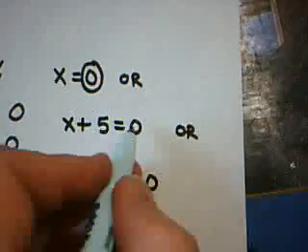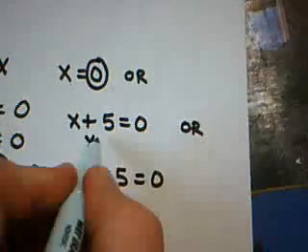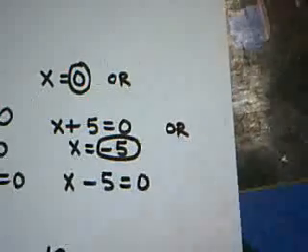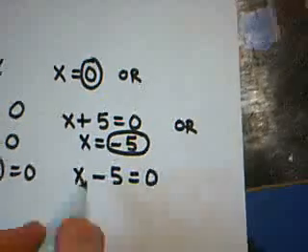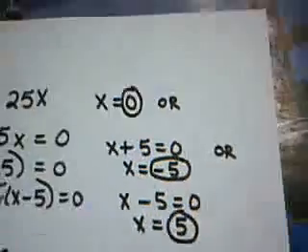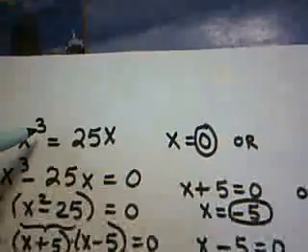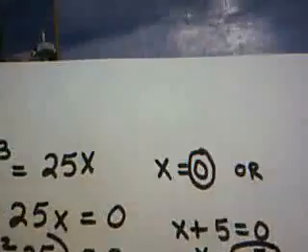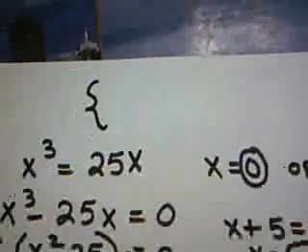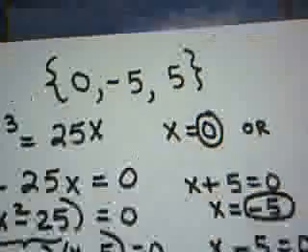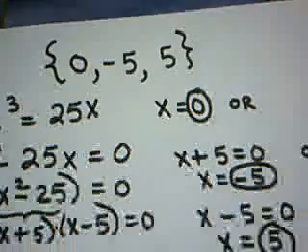If x plus 5 is 0, that means that x is equal to negative 5. There's another answer. If x minus 5 is 0, that means that x is equal to a positive 5. So this equation of degree 3, which is also called a cubic, does have 3 distinct real answers. The solution set would be the set with 0, negative 5, as well as positive 5. And we solve that by using the zero factor property.